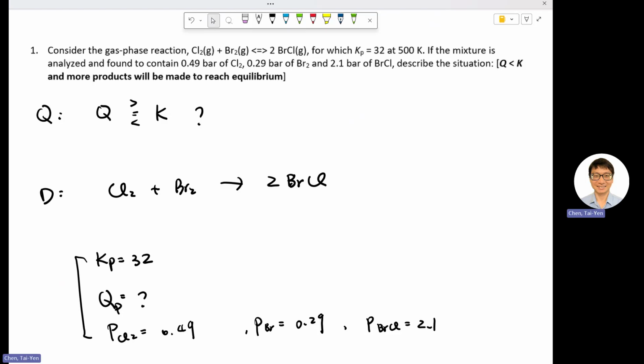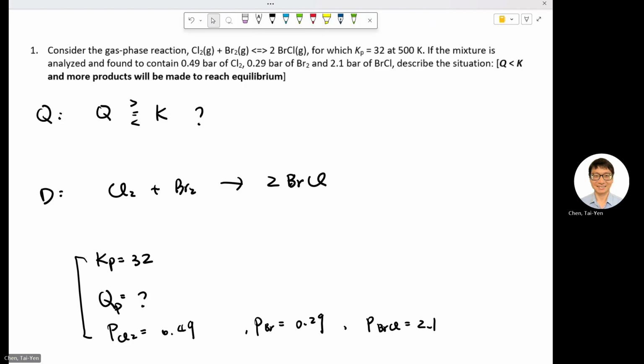That's another very important thing that you need to know. K is a unique special case. K represents the concentrations of your reactants and products at equilibrium. So if the numbers provided are really for you to calculate your K, you will always see it says at equilibrium.